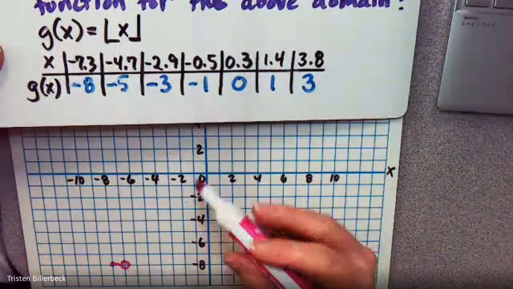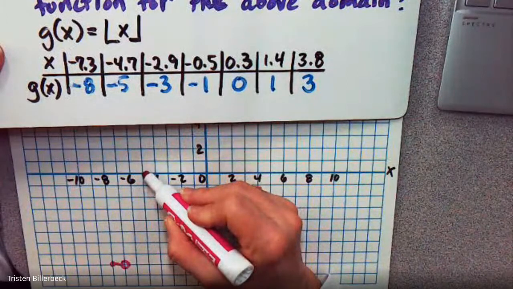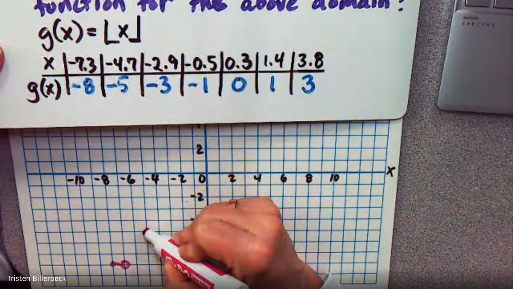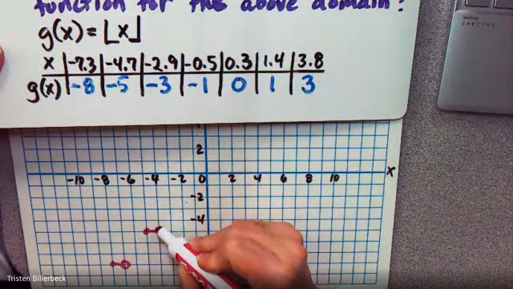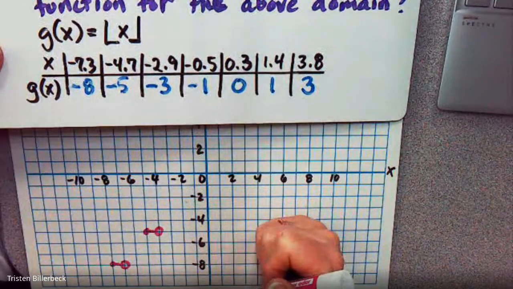All right, if I'm at negative 4.7 right here, I'm going to round that to negative 5. So if it was negative 4, it would have stayed at negative 4, so I'm going to leave an open point there.